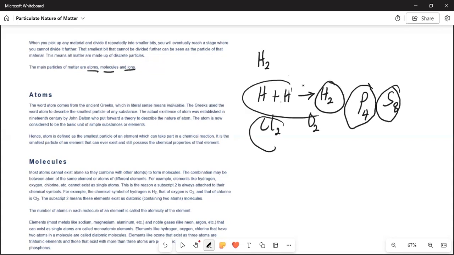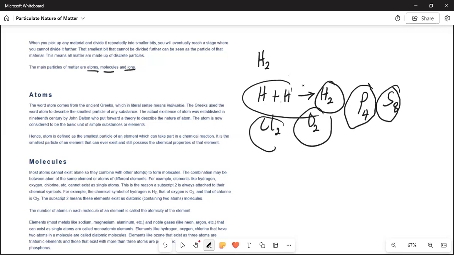This H2 is a molecule of an element because these are the same atom. It's some atoms of the same element coming together to form this H2, which is hydrogen molecule. The same thing, this Cl2 is a molecule of an element, O2, a molecule of an element. But when you have atoms of different elements coming together to form a molecule, then it's no longer a molecule of an element, but a molecule of a compound.